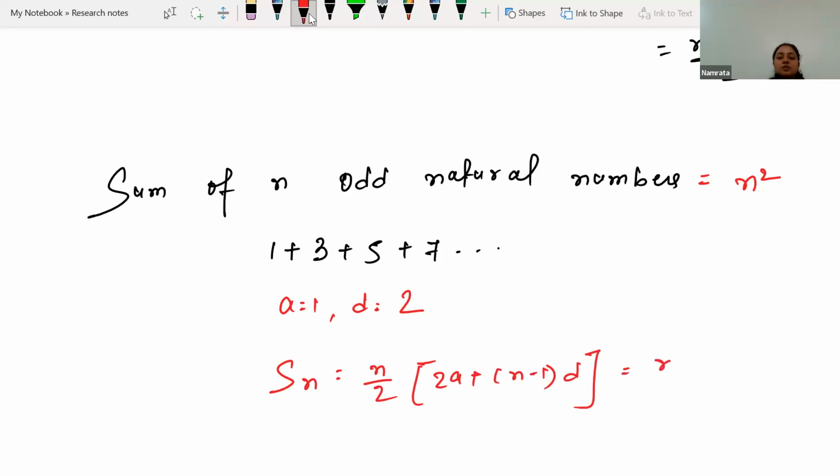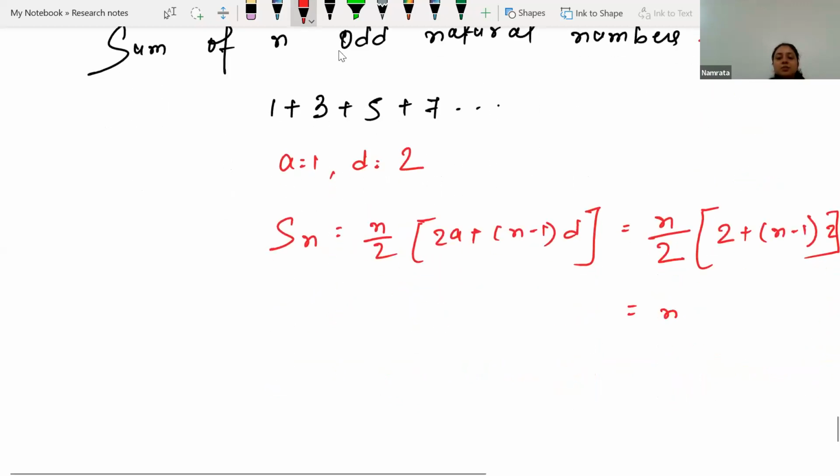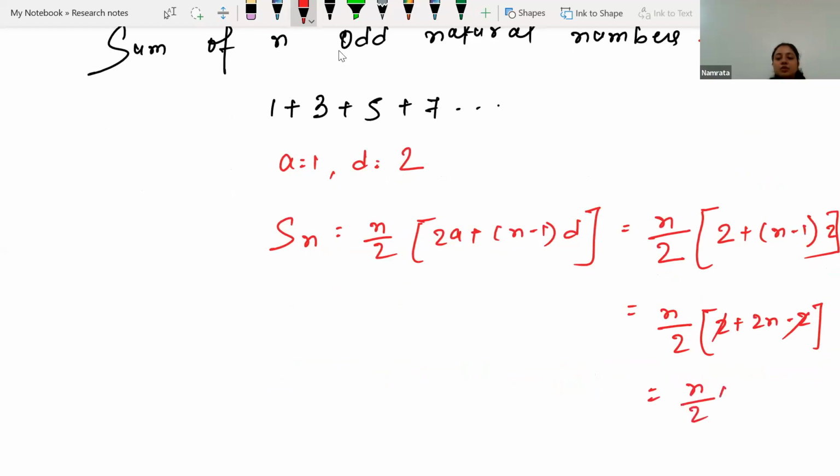Let's substitute it quickly. N by 2, 2a, that means 2, plus n minus 1, and d is 2. After simplification, n by 2, 2 plus 2n minus 2. The 2 goes, gone, and we end up getting n by 2 into 2n. Can you see we are getting n square?